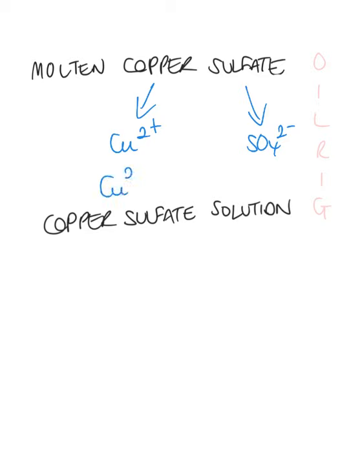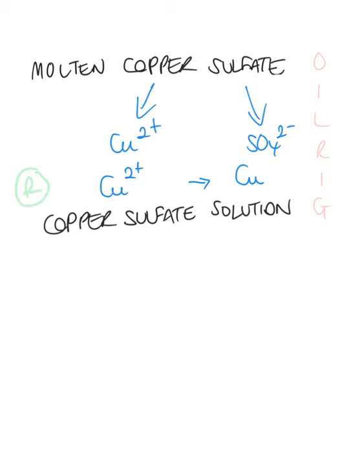Okay, we would have Cu2 plus turning into Cu, copper. It's a positive ion, therefore we know, again based on the previous slide, the positive ions undergo reduction, which is a gain of electrons. So here the copper has got a 2 plus charge.